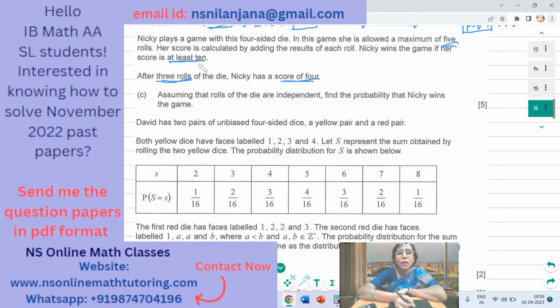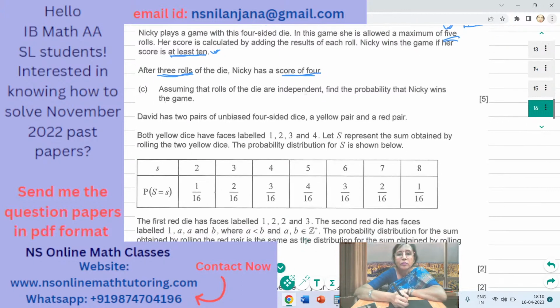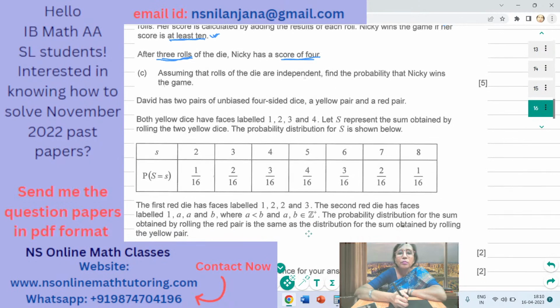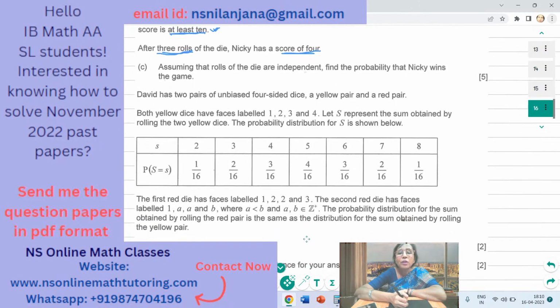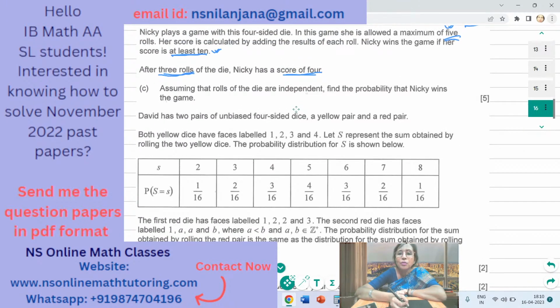So in order to win, she has to have at least 6 or more in the remaining 2 rolls, because she is having a maximum of 5 rolls. Can she do it with only 4 rolls?